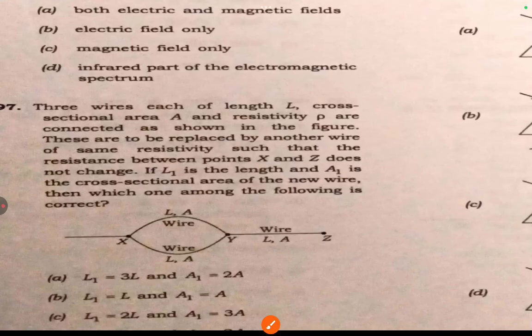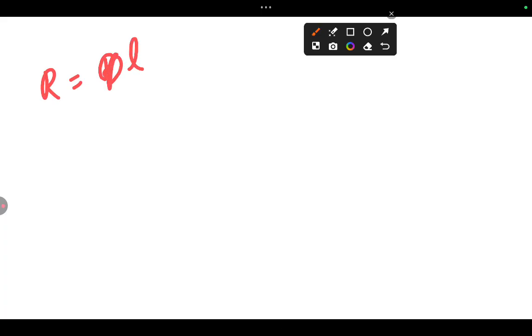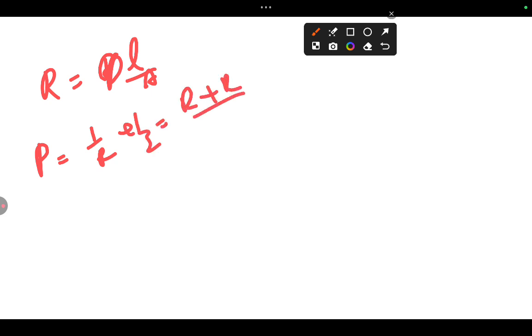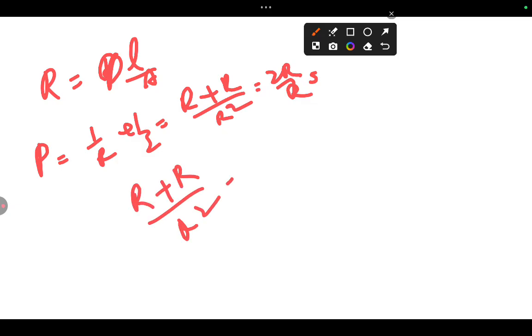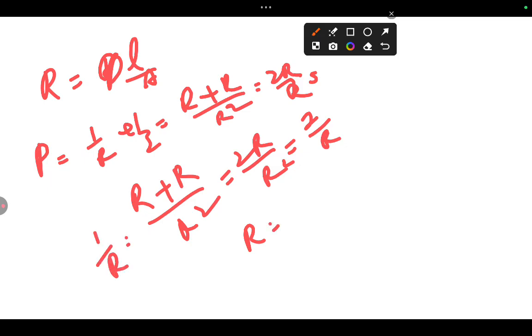If the bottom wire is labeled 2, then no problem, I will explain here. First of all, wire 1 has R equal to rho L by A. When we take the parallel connection, 1 by R equal to 1 by R plus 1 by R, which is nothing but (R plus R) by R square, that is 2R by R square, which is 2 by R. So 1 by R equivalent equals 2 by R, so R equivalent equals R by 2.